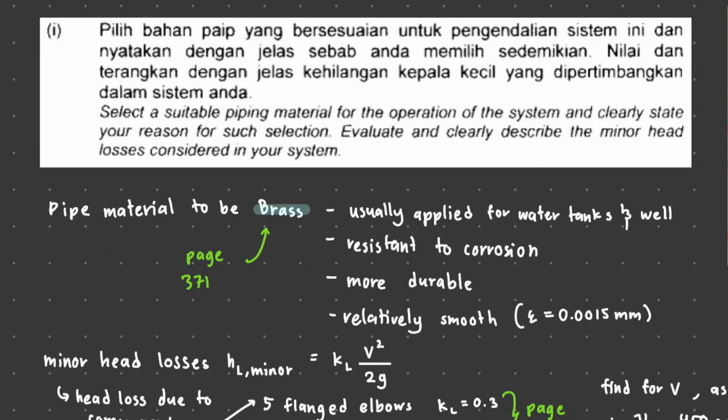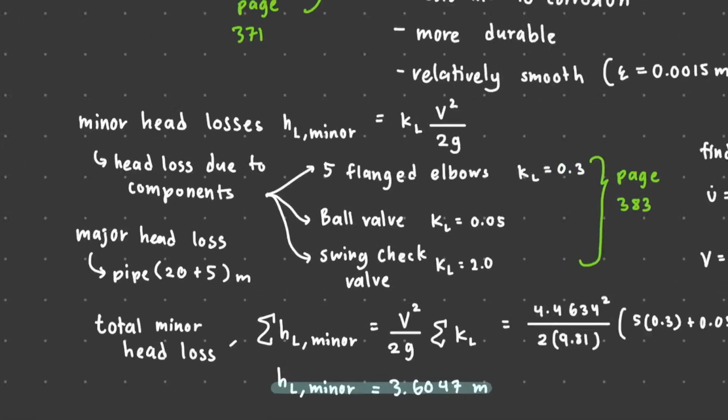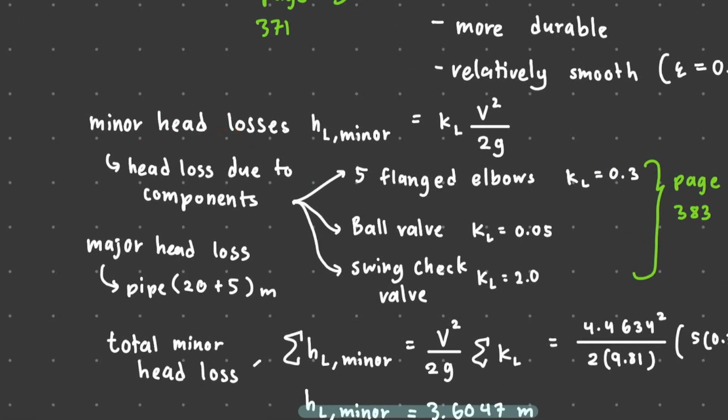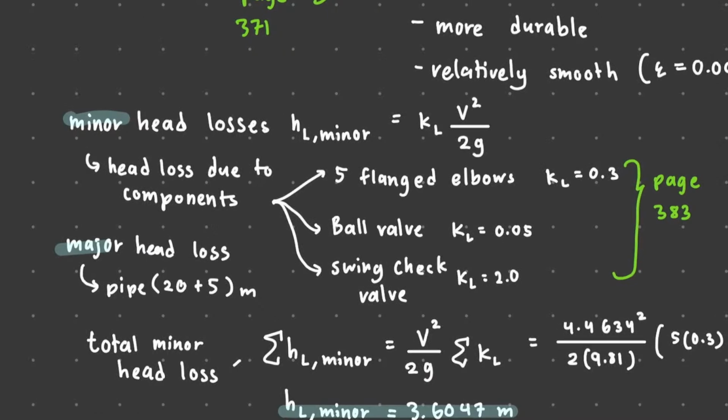Clearly describe the minor head. So this is the minor head loss. We have two types of head loss, minor and major. So we want to find the minor head loss.